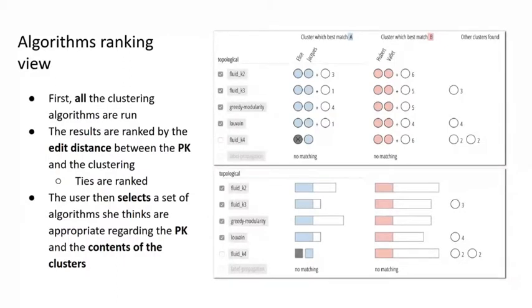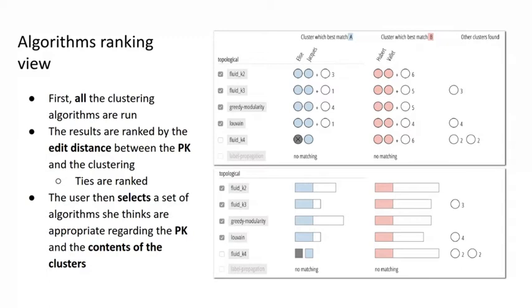To do that, we compute the edit distance between the prior knowledge and the results of the clustering, to have a metric of similarity between the raw results of the algorithms and the prior knowledge. So we rank them, and from that, the user will select algorithms she thinks are appropriate regarding her knowledge.